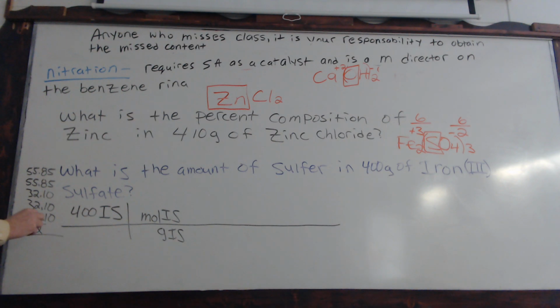And then when we add all that together, 55.85 times 2 is 111.70. Then 32.10 times 3 gives you 96.30. There's your sulfurs, and then there's our oxygen.